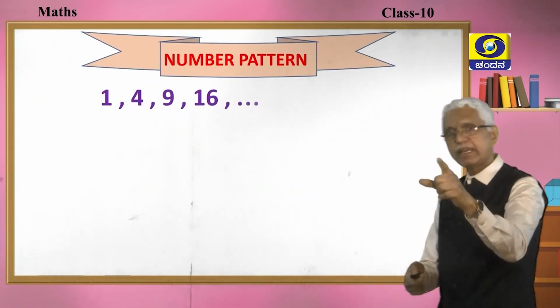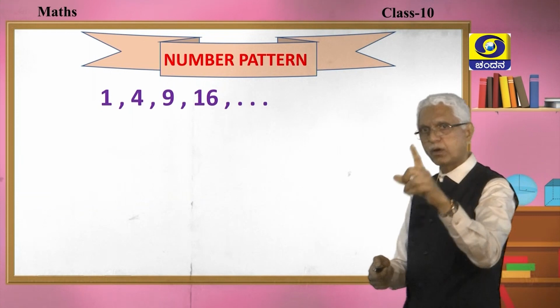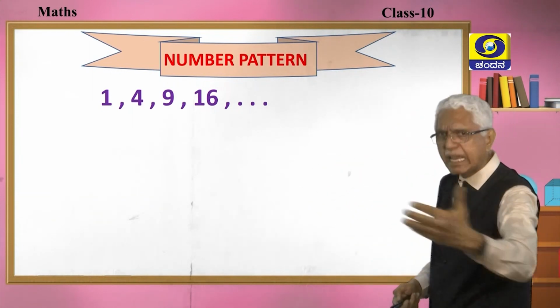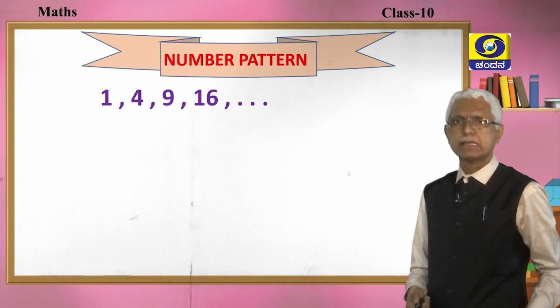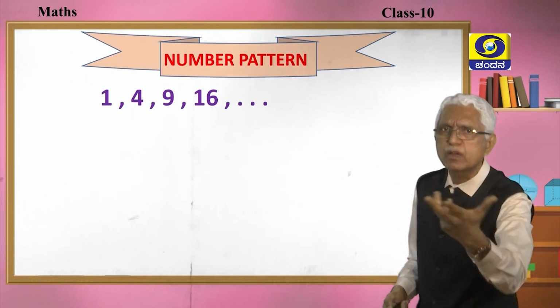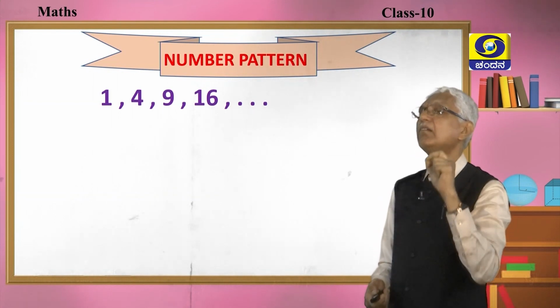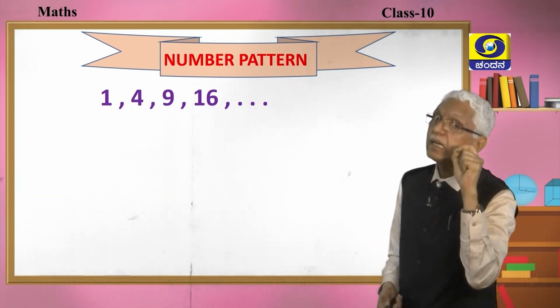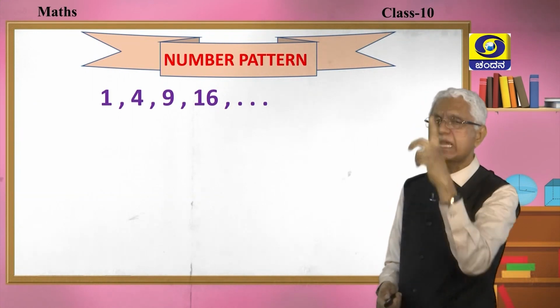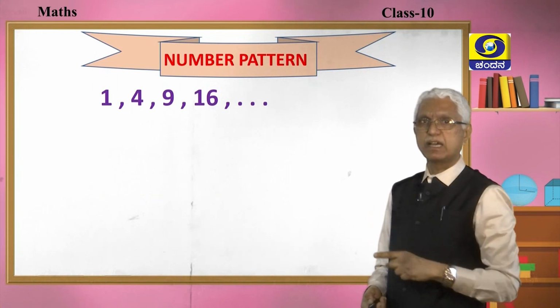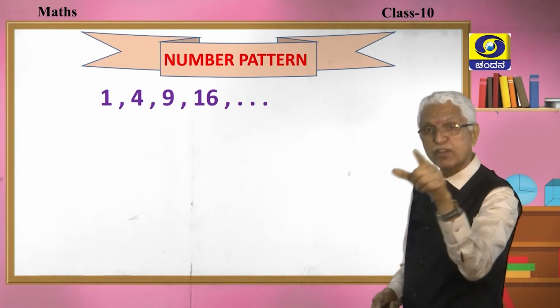Now, we have taken a set of numbers 1, 4, 9, 16. Correct? If you ask a student of mathematics or any lay person or a common man, what are these? He just reads 1, 4, 9, 16, or at the most, if he is a little sharp, a little alert, he might be able to tell you, sir, these are squares of natural numbers, sir. 1 square, 2 square, 3 square, 4 square.